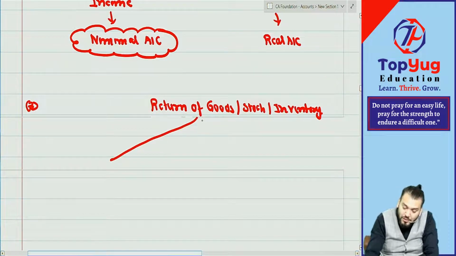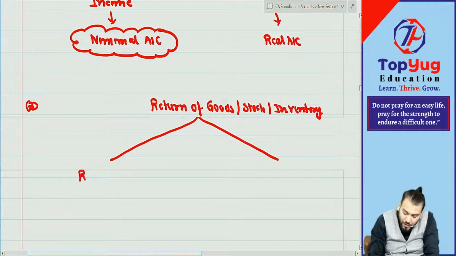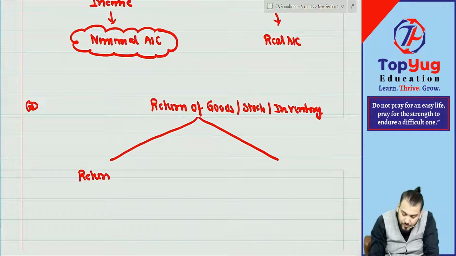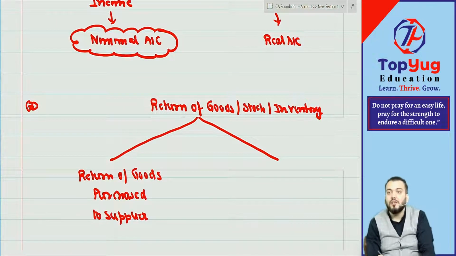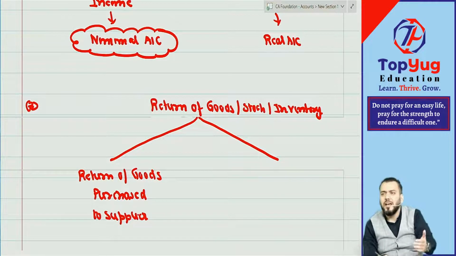So there can be two types of return. Return of goods purchased to supplier. Supplier means the person from whom we purchase goods.